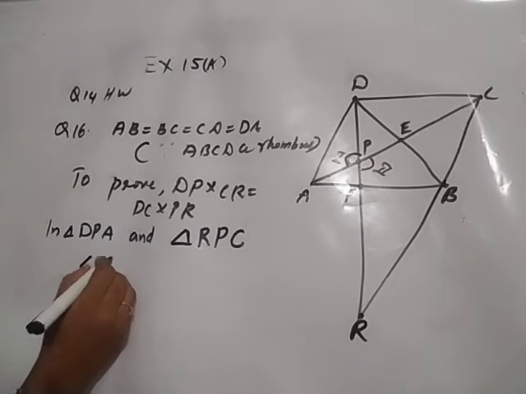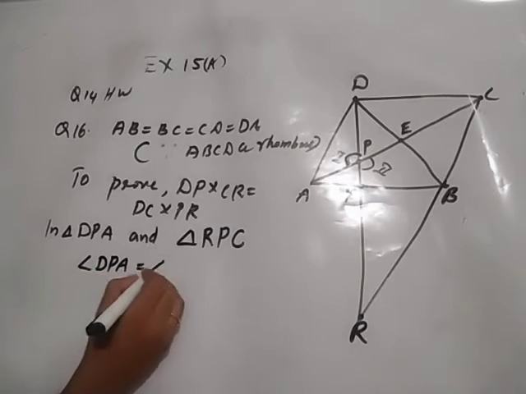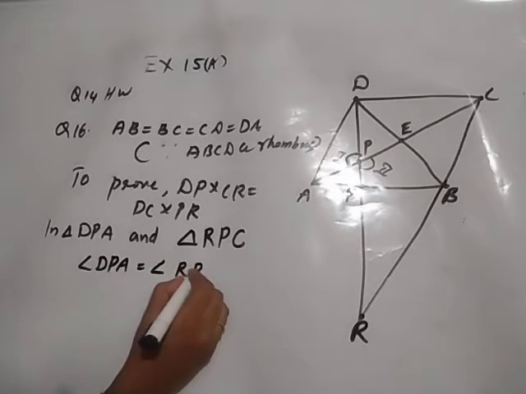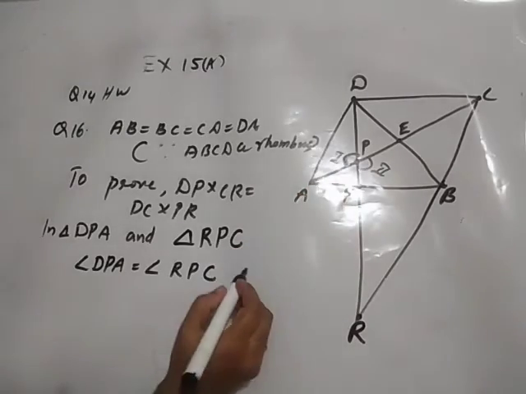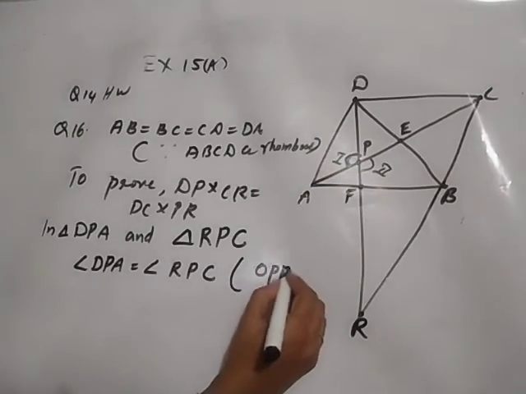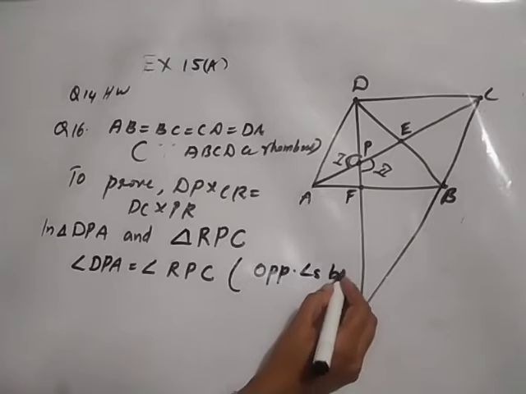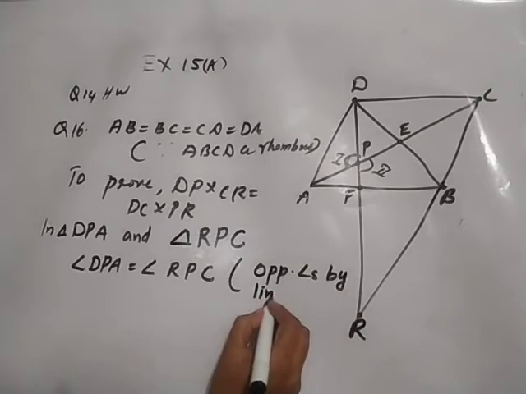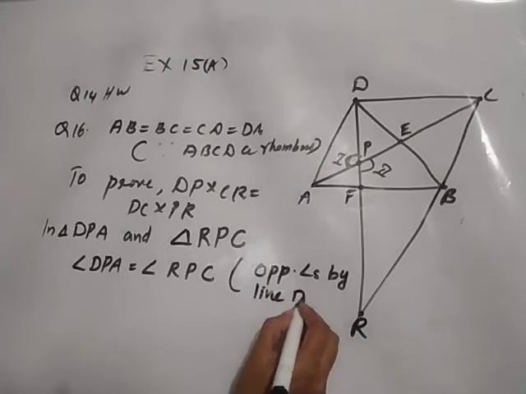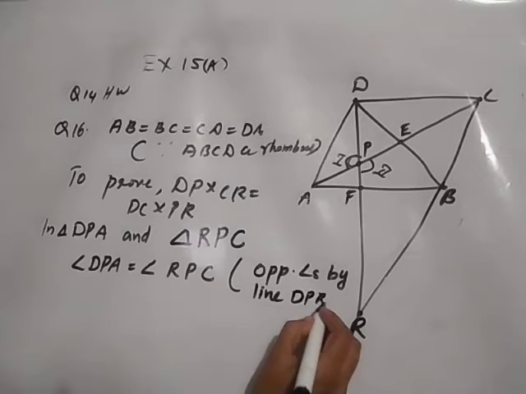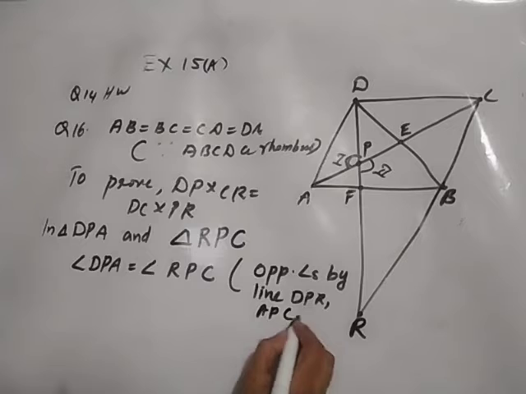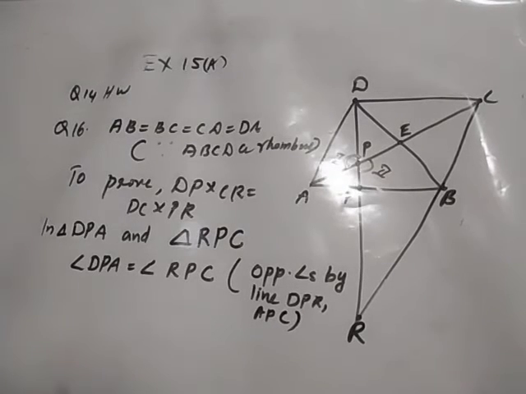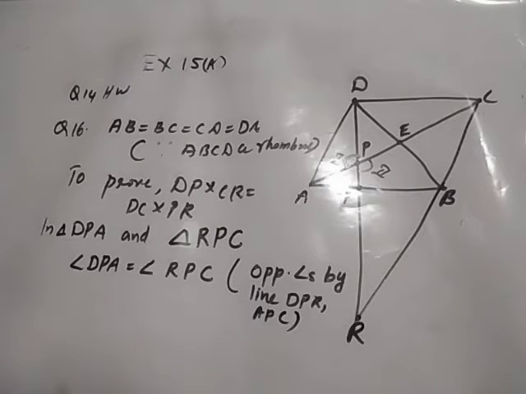Angle DPA is equal to angle RPC. What is the reason? These two angles are equal. Reason: opposite angles by line segments DPR and APC. These are two straight lines given in the diagram.